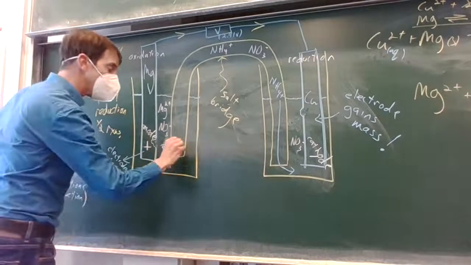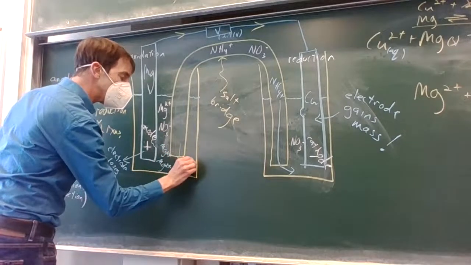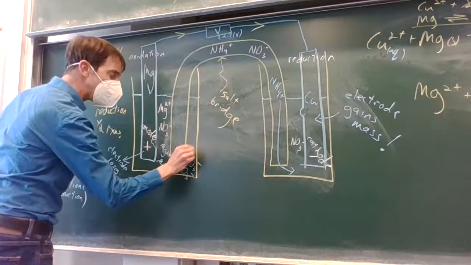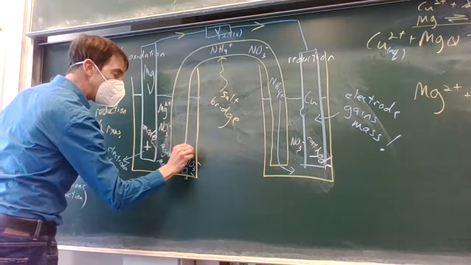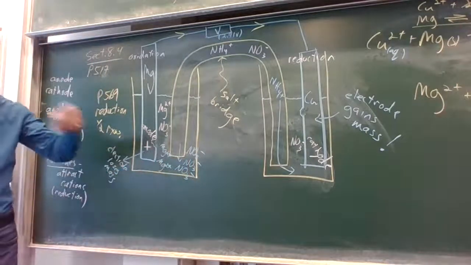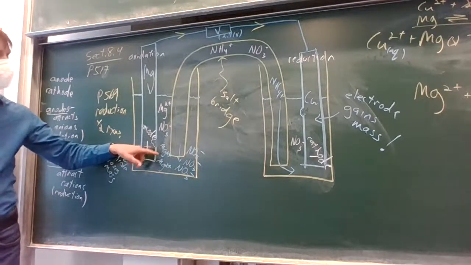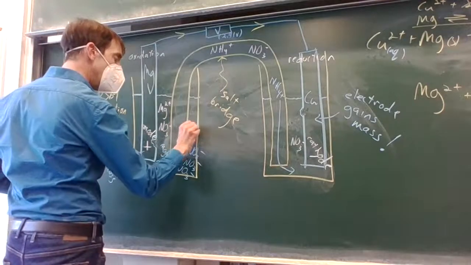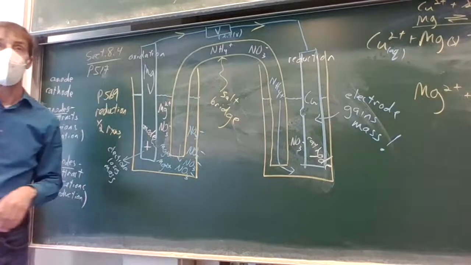The nitrates. So here NO3- ions join those. How many? The same amount of charge as the Mg2+ I have made, so twice the number. You got it, to balance the charge.